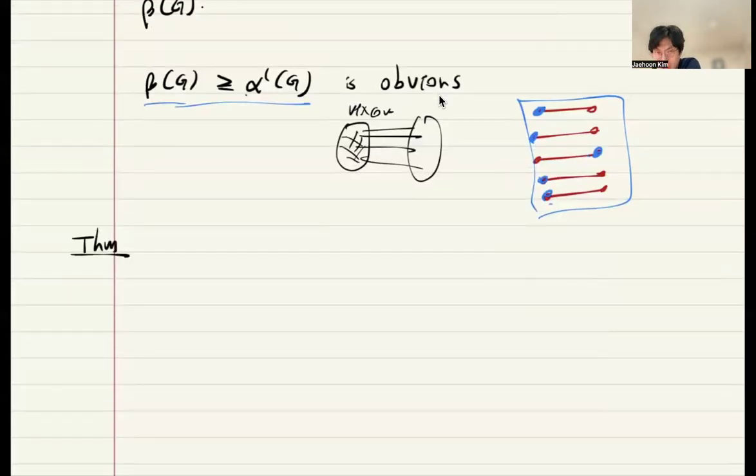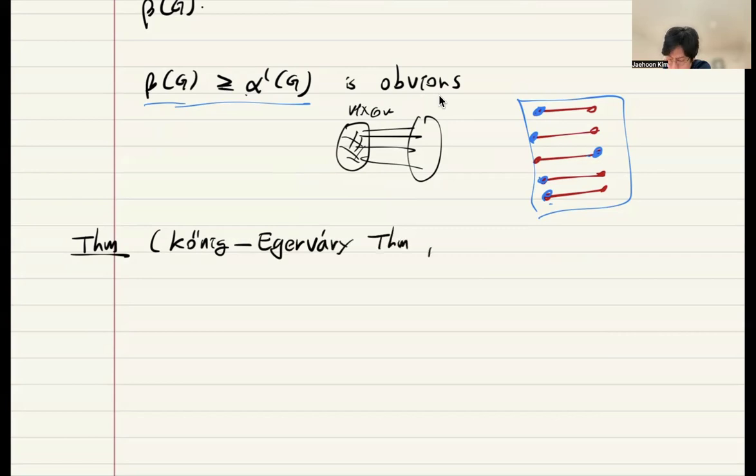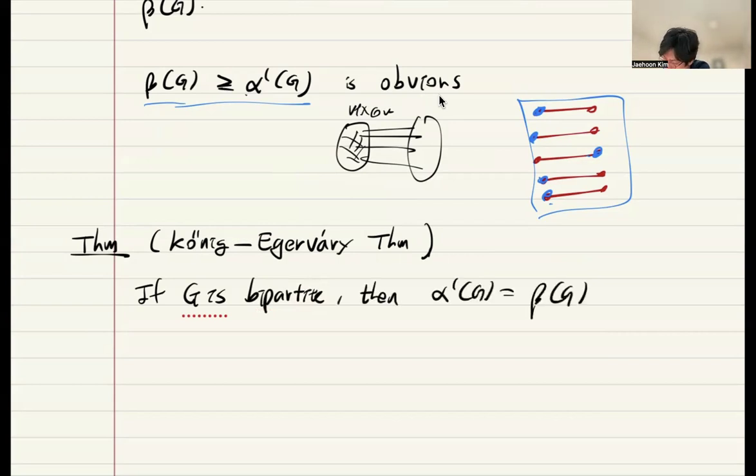But again, we have this obvious inequality. But the following theorem by Koenig and Egerváry says that if G is a bipartite graph, then this alpha prime of G and beta of G are the same.